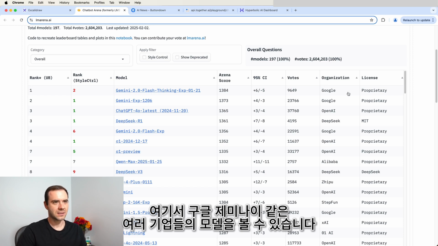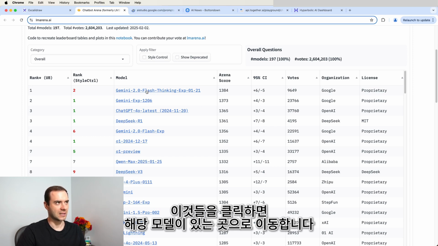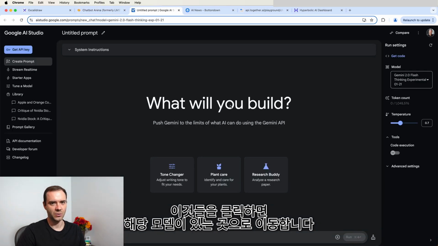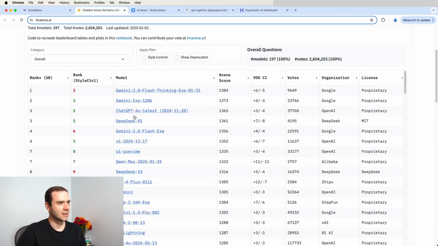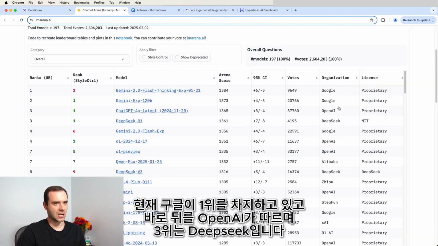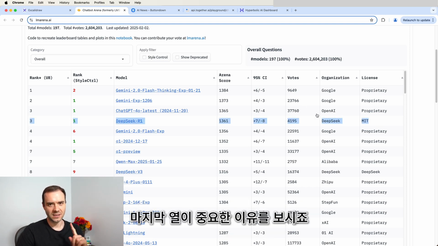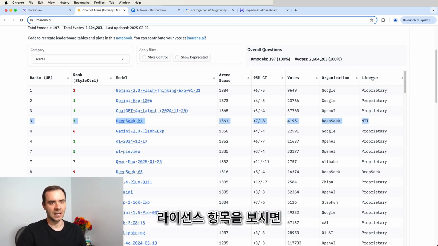And so what you can see here is the different organizations, like Google Gemini, for example, that produce these models. When you click on any one of these, it takes you to the place where that model is hosted. And here we see Google is currently on top with OpenAI right behind. Here we see DeepSeek in position number 3. Now, the reason this is a big deal is the last column here. You see license.